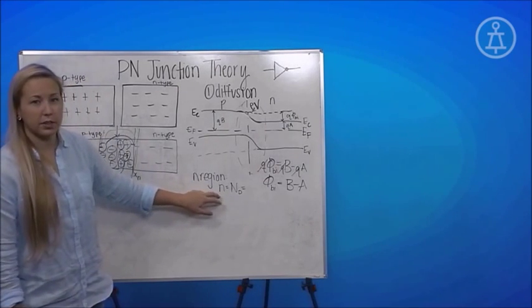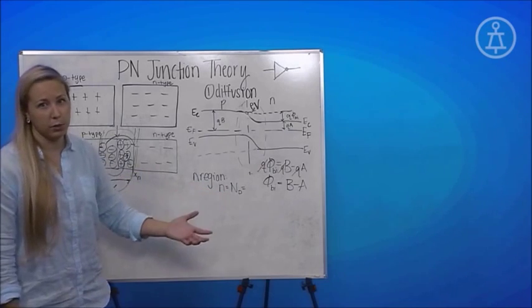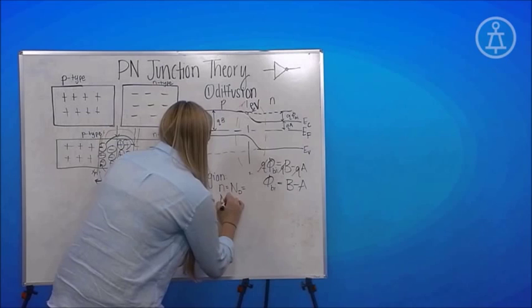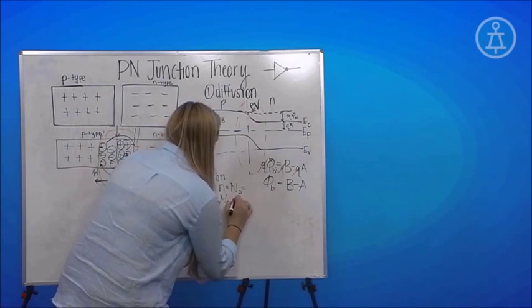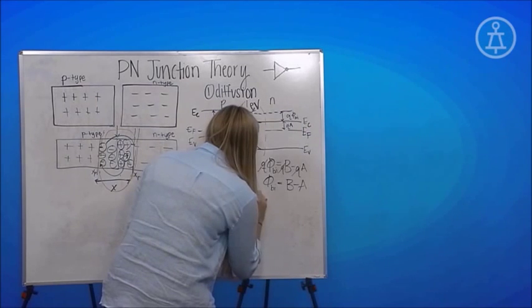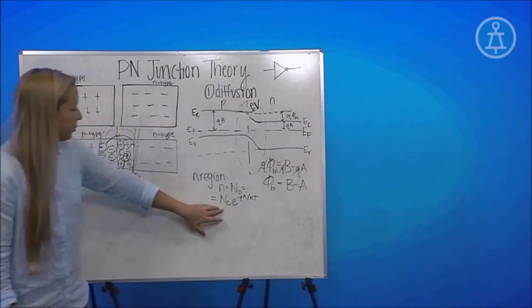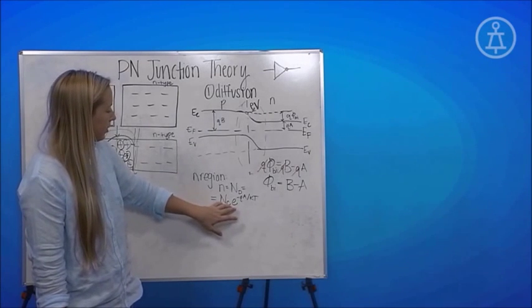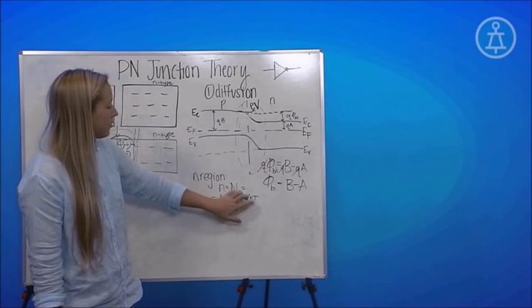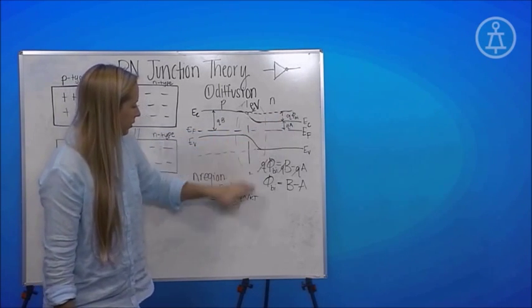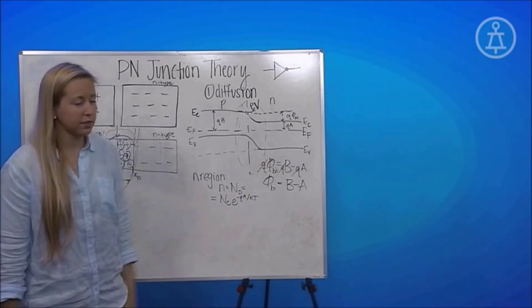Therefore, we can assume that the number of electrons is equal to the number of donors. And from there, we also have that it equals the density of states equation, where we have NC, which is a constant from density of states, with e raised to the negative QA, so again this potential change, over kT, which are Boltzmann constants.